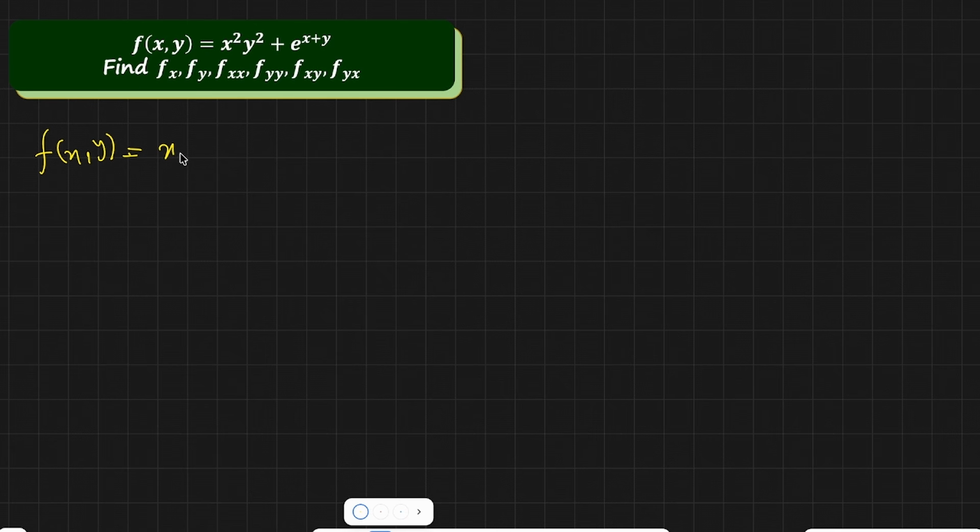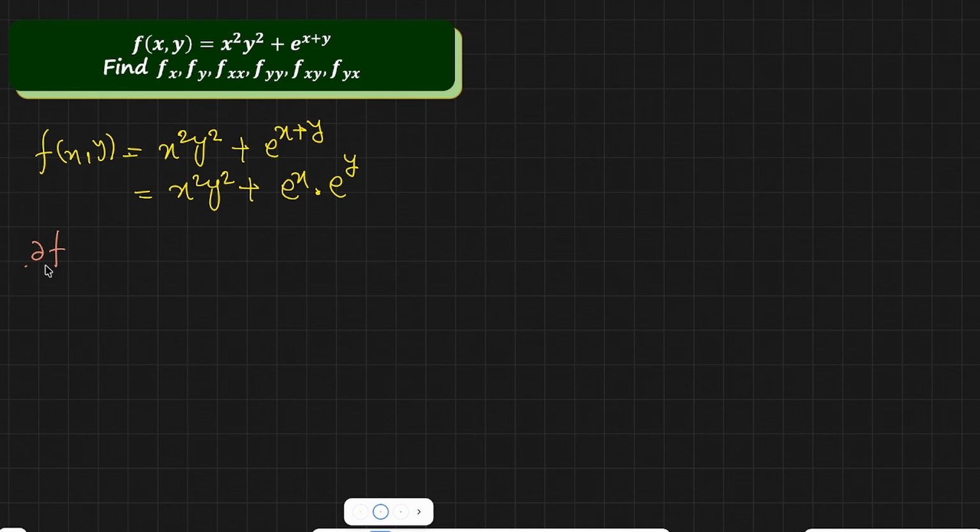Sorry, not that, this is x square into y square plus e to the power of x plus y. Instead of like this, can I write it like this? x square y square plus e to the power x into e to the power y. I can also write it like this. So whenever you have this, then you can write it like this.